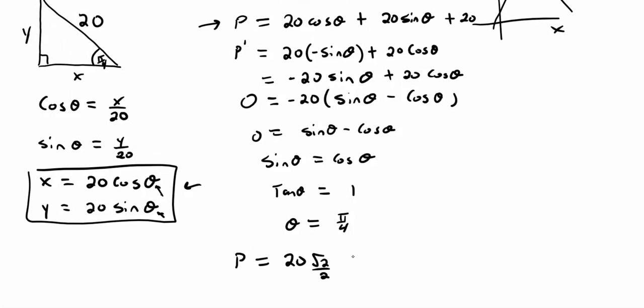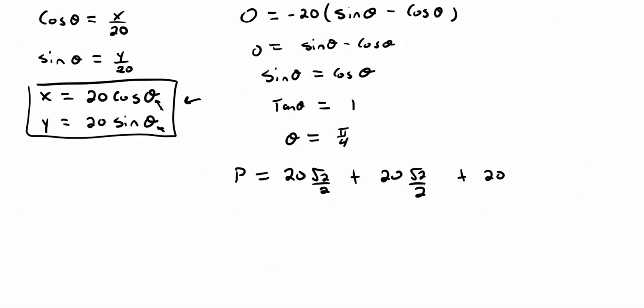And then plus 20 times root 2 over 2. And then plus 20. Okay, now I'll just simplify the 20 and the 2 in both of those. So that'd be 10 root 2 plus 10 root 2 plus 20. And then just combine my like terms. So that would be 20 root 2 plus 20.